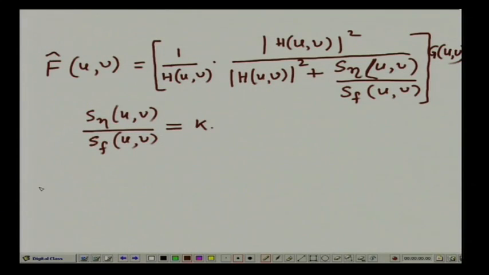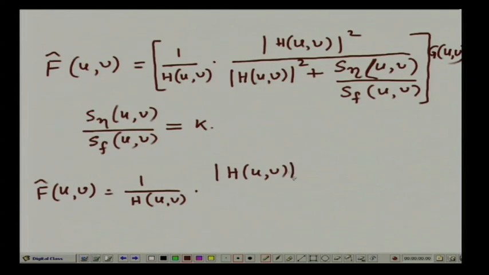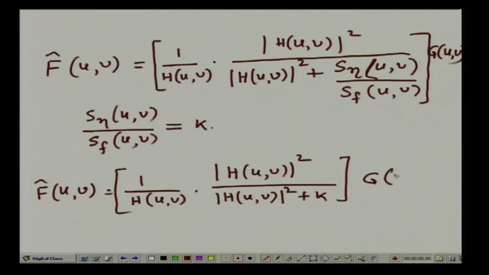So, if I do this, the expression for f hat u v comes out to be 1 upon h u v into h u v square upon h u v square plus k into g u v.